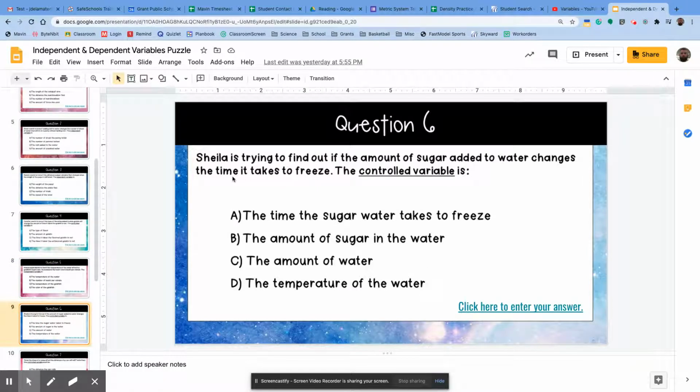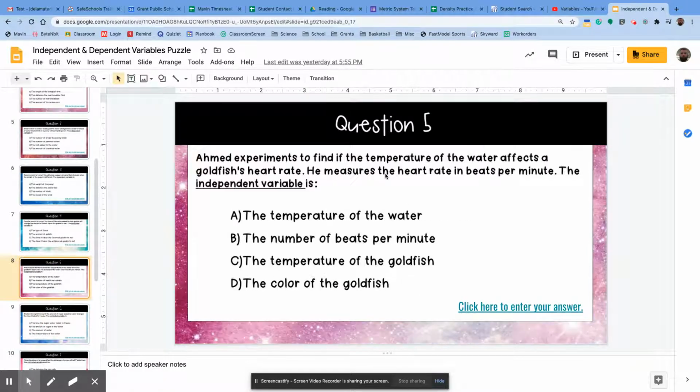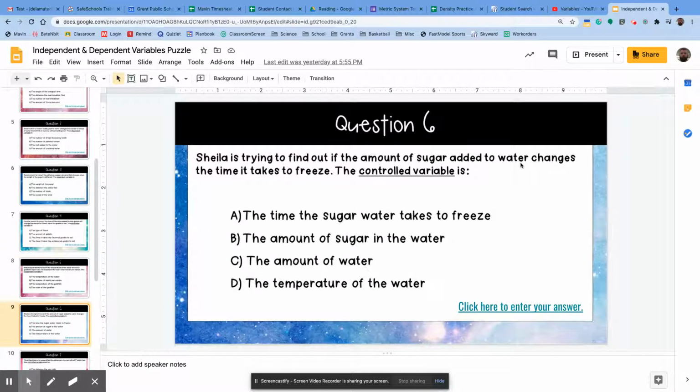Question 6, Sheila is trying to find out if the amount of sugar added to water changes the time it takes to freeze, and wants to know the controlled variable. So again, I'm going to show you how to do this with process of elimination. It says to find out if the amount of sugar added, keyword, we're going to take out that, which is here.